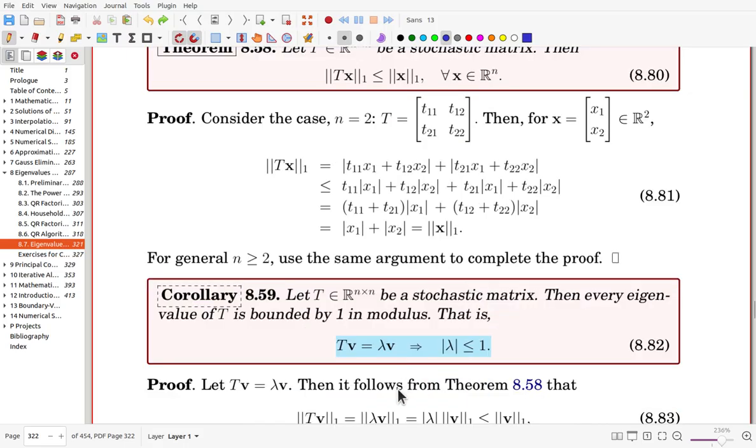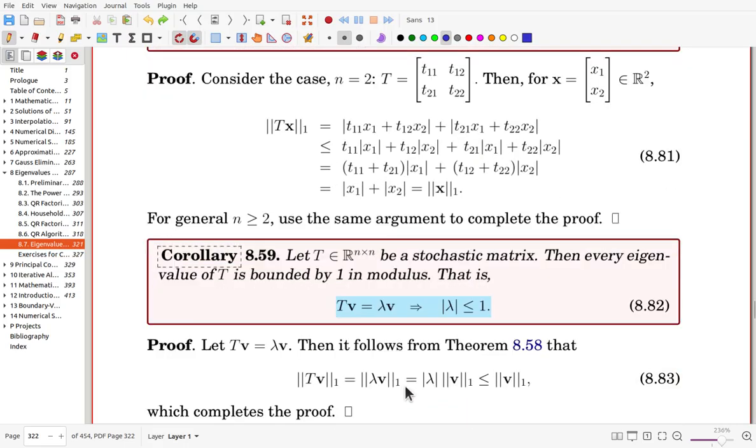This theorem will be useful to prove this corollary. For a stochastic matrix T, eigenvalues must be bounded by 1 in modulus. That means once lambda is an eigenvalue of a stochastic matrix, then the absolute value of lambda is bounded by 1.